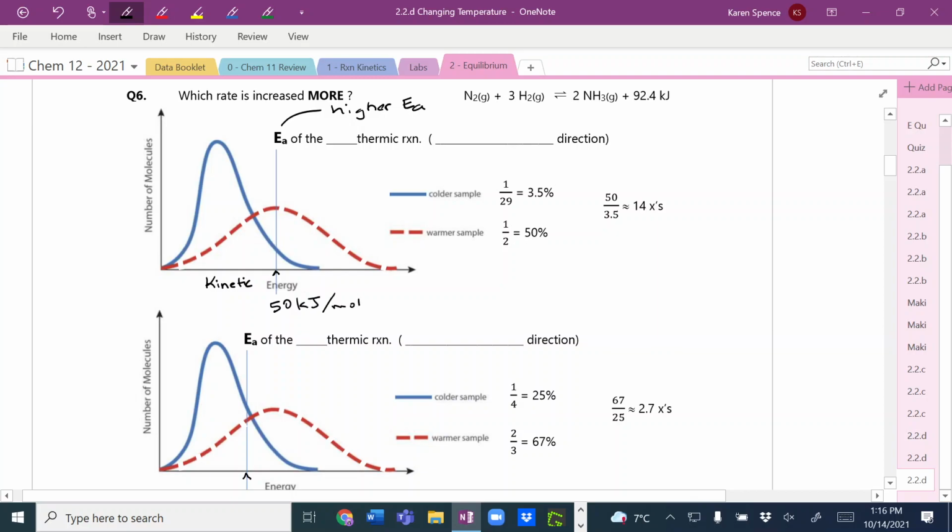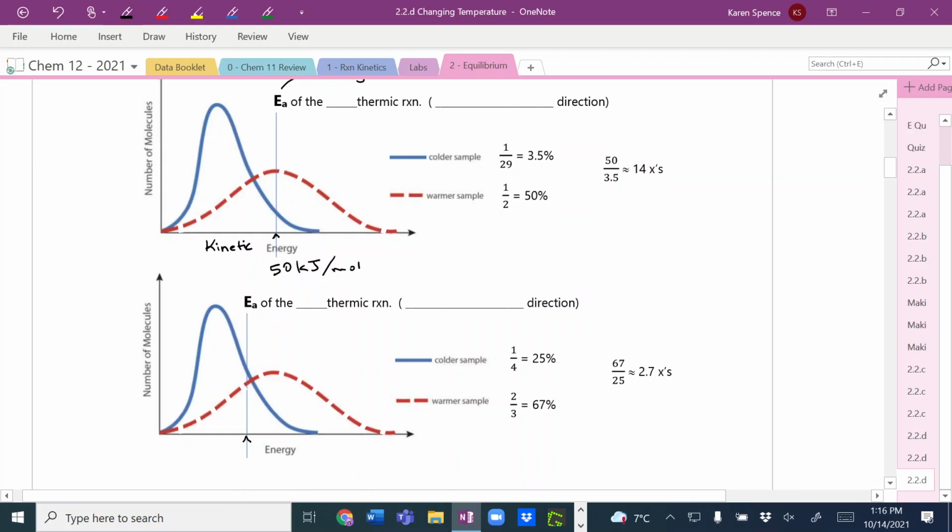Make something up. And that means that the one below it is maybe 40 kilojoules per mole. Sure, let's say that. So this activation energy is the lower of the two.